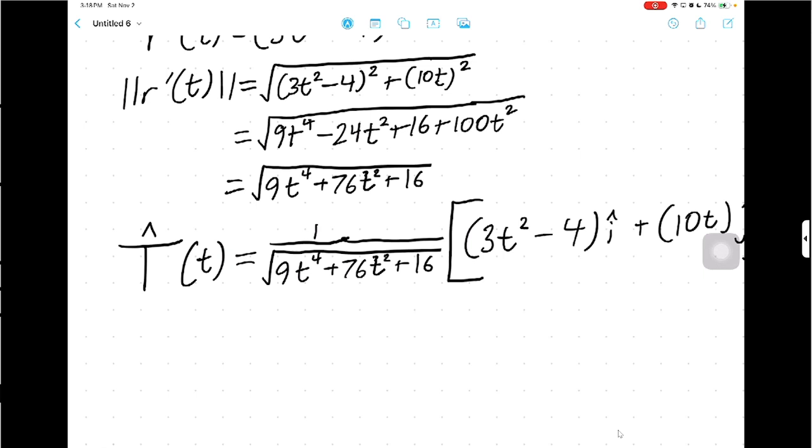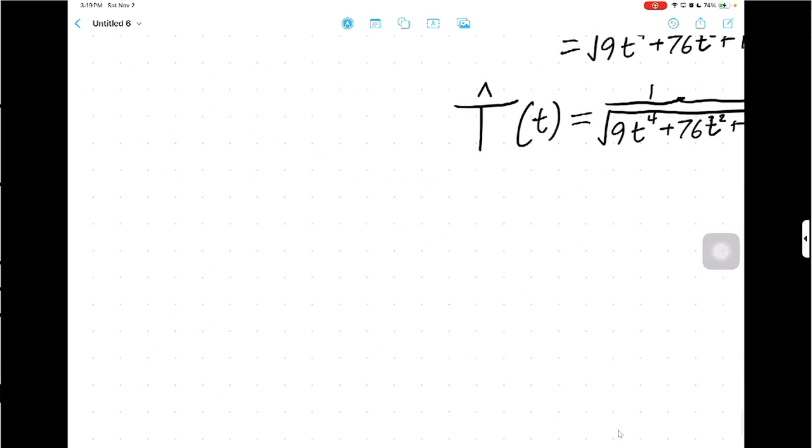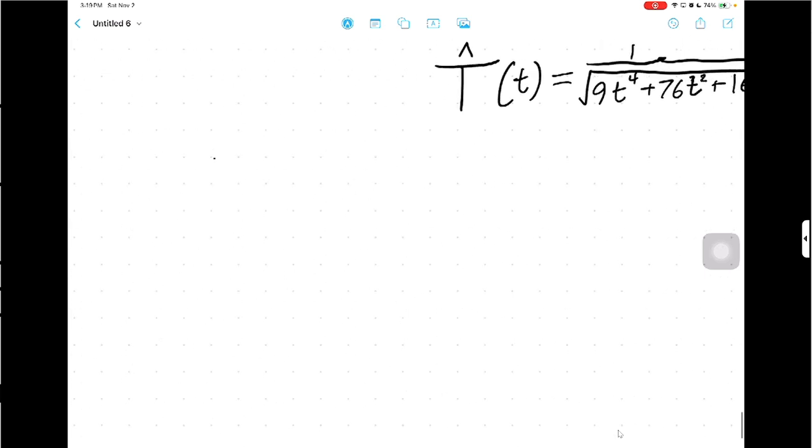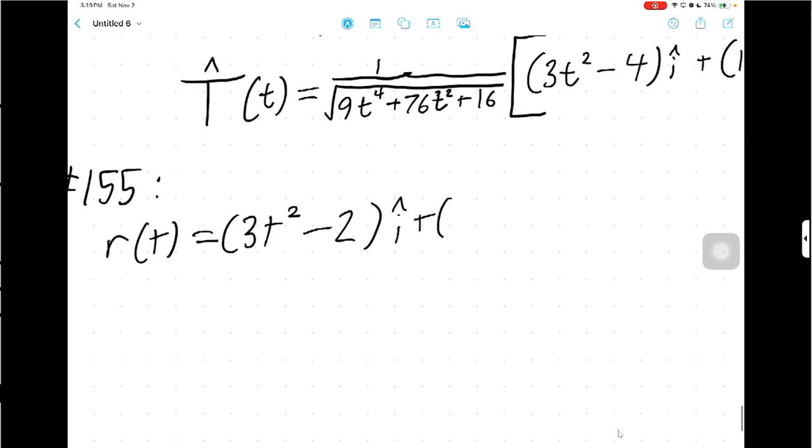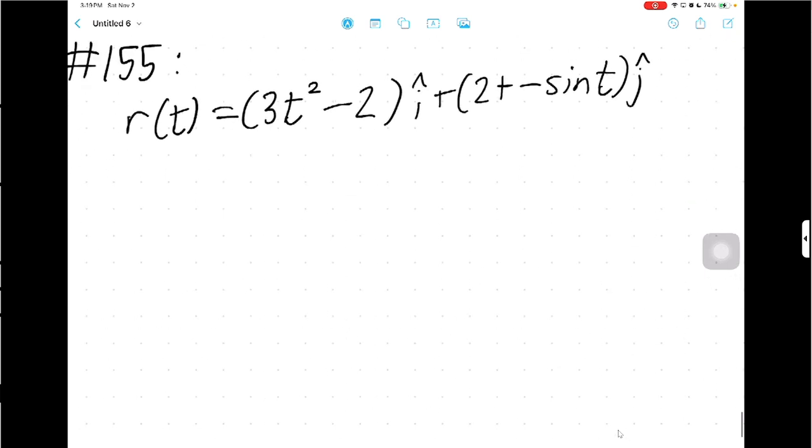Alright, that's 3.3. 3.4 problems, which is 155. Let's see why that. 3.4, number 155. Which is r of t is equal to 3t squared minus 2i plus 2t minus sine of t j.